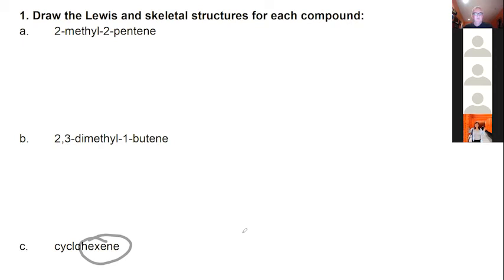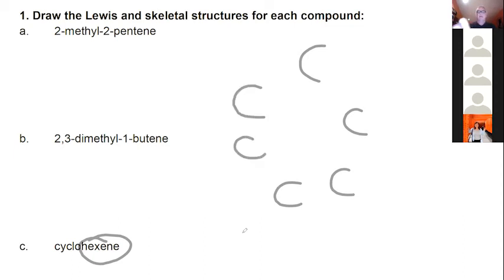It's cyclo, so it's in that circle, that ring. Right, so we go 1, 2, 3, 4, 5, 6. And then everyone's got 1 single bond, but it's hexene. So what does that mean? It means a double bond. One of them's got a double bond.